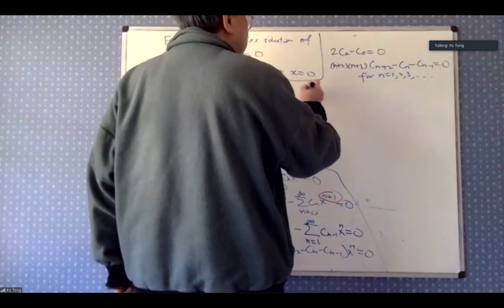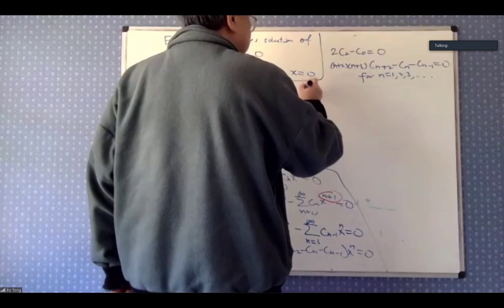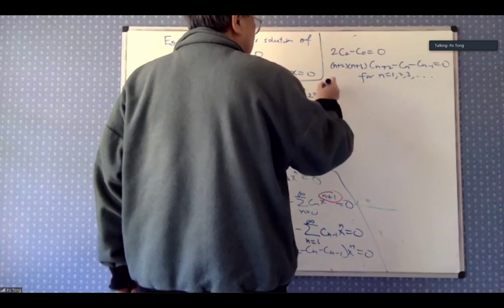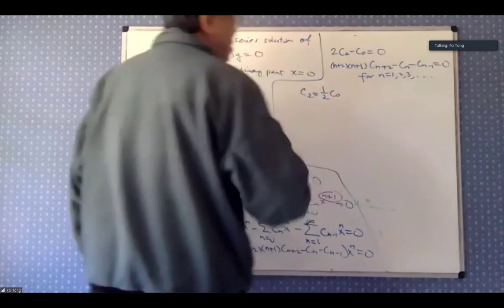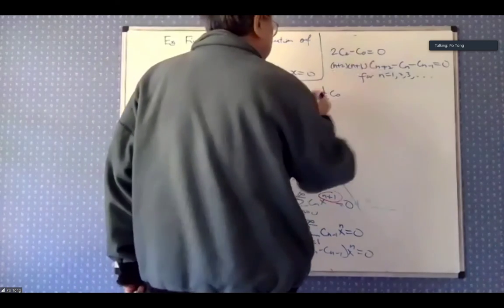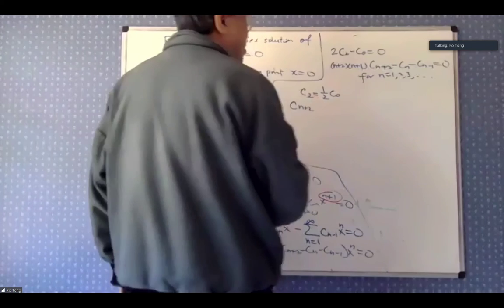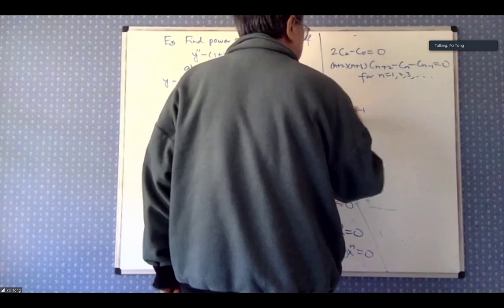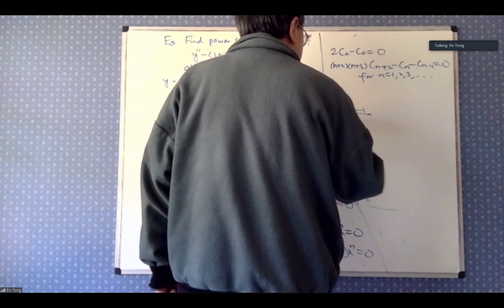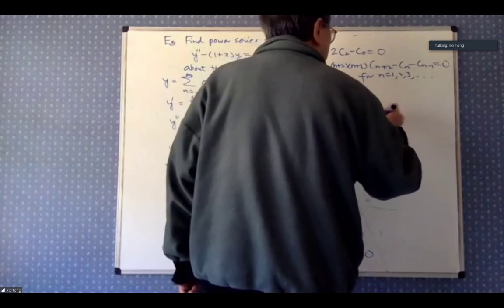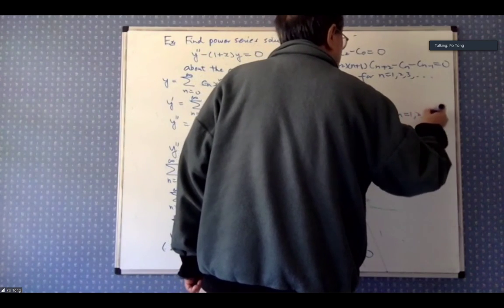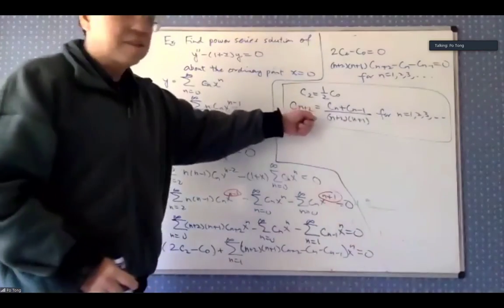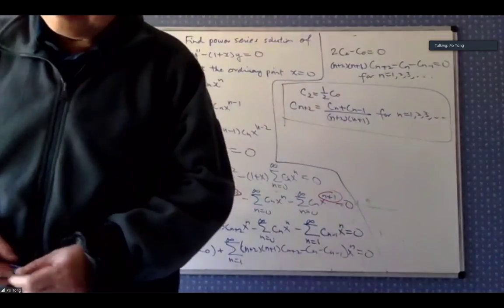So we end up with C2 equal to 1/2 C0. And the recurrence relationship is Cn plus 2 equal to (Cn plus Cn minus 1) divided by (n plus 2)(n plus 1), for n equal to 1, 2, 3, 4. So we're going to stop here, and next time we start from here. Okay?